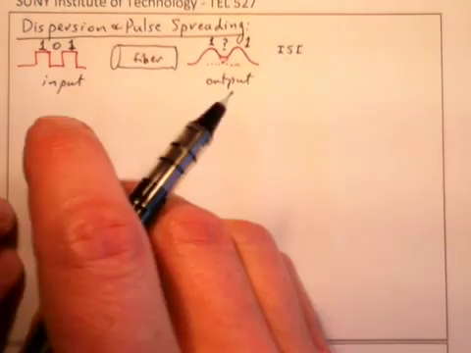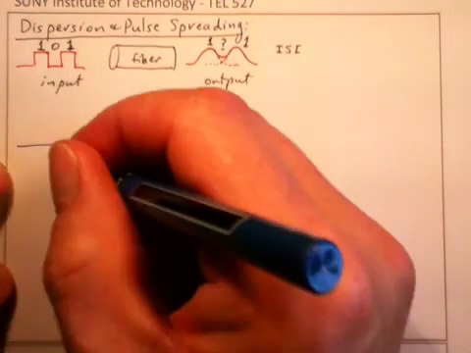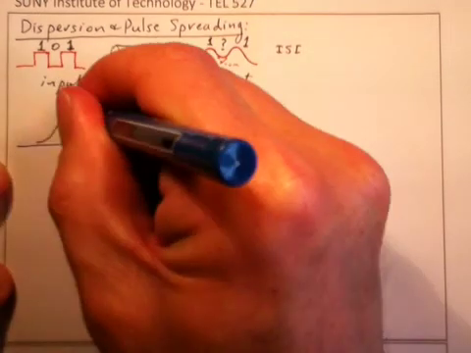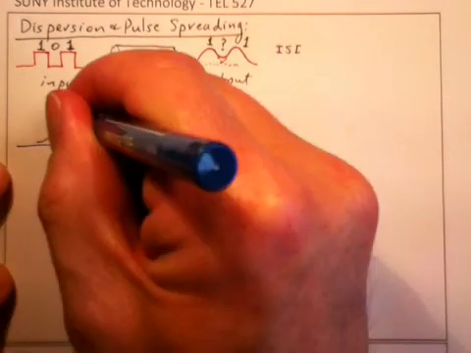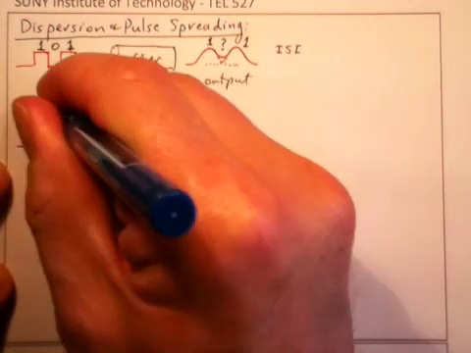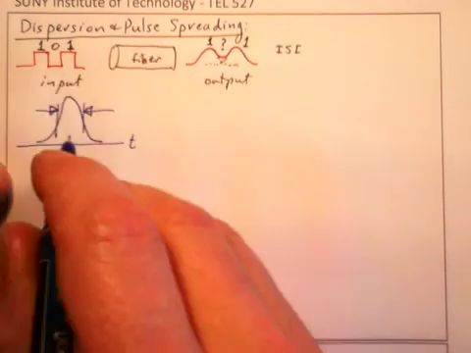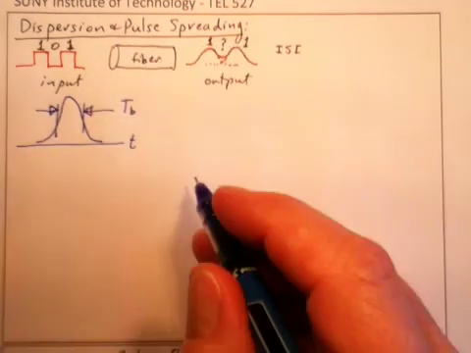We've already talked about the fact that pulses do spread out, and we quantify that by drawing this pulse in time as having some width characteristic of the bit rate of the system. We'll call that TB, the bit period.